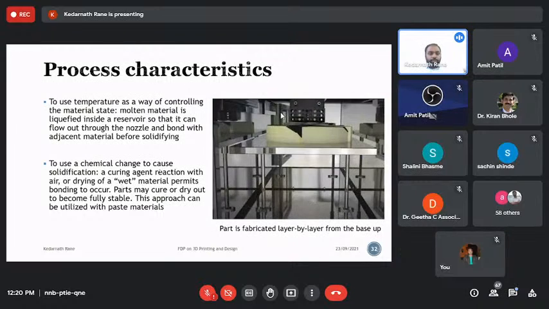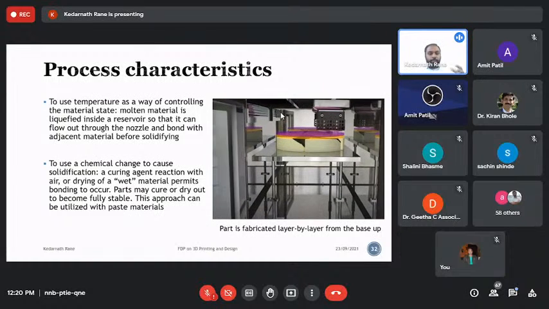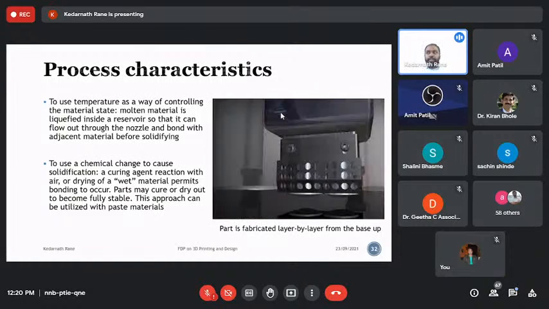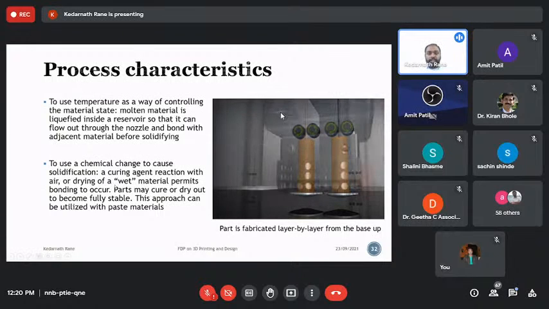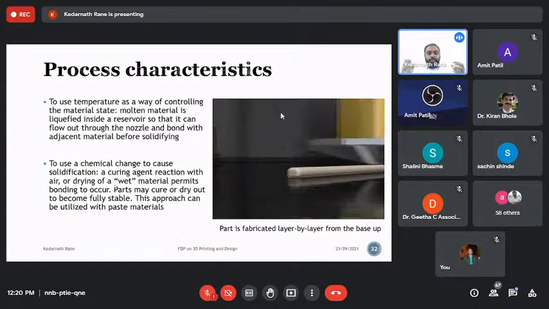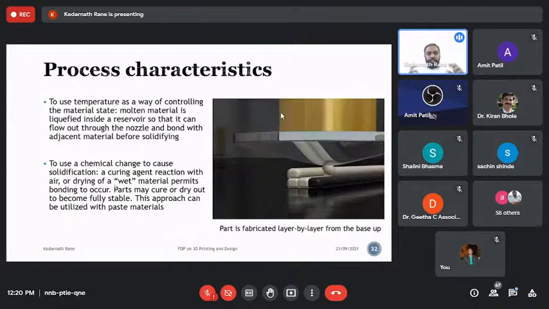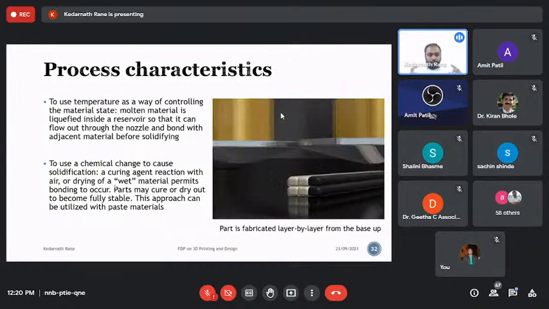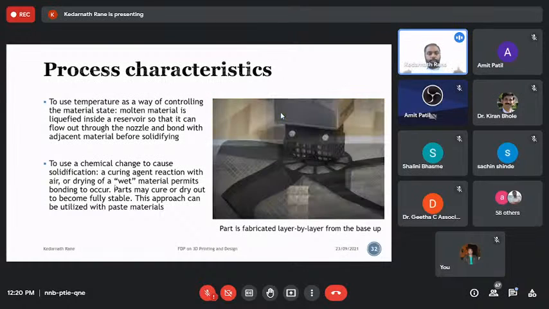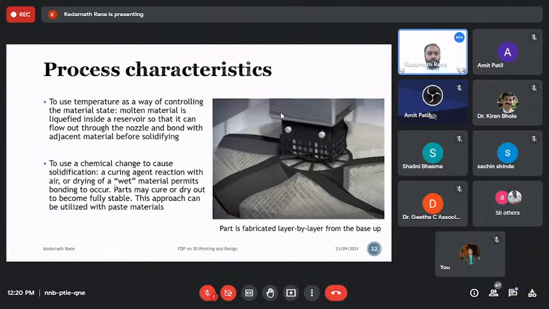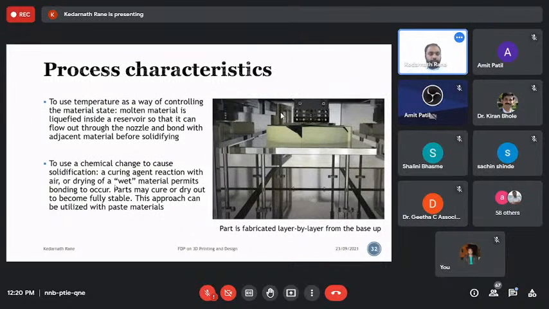So we have some curing agent which is required for drying the part. By the way, I'm not going into much detail, but nowadays there are some systems with infrared cameras. If the material is getting solidified quickly without the layers sticking, they use some heating system to bring it to a given temperature to stabilize the part.